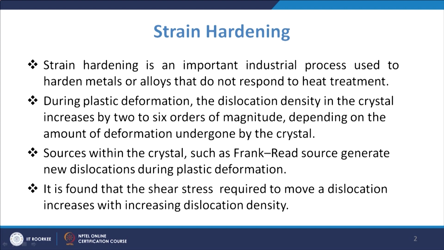The shear stress required to move a dislocation, tau, is found to vary with the square root of the dislocation density, and keeping the constants we write it as tau = tau naught + A root rho.